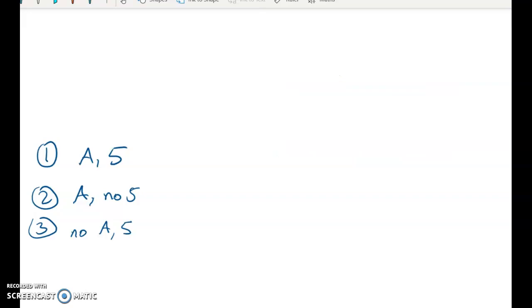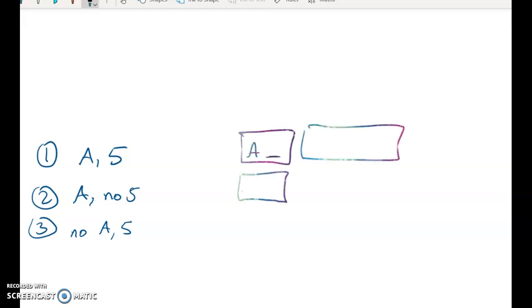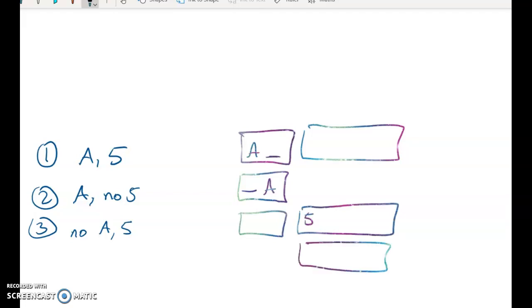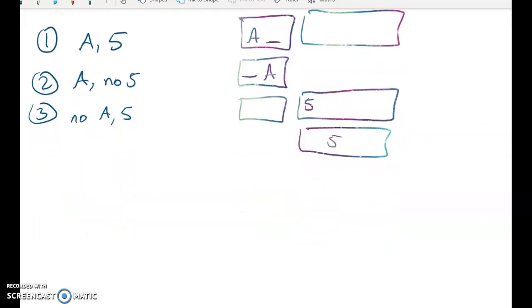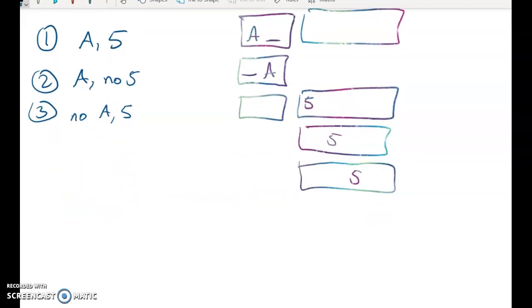It's only one tricky thing to think about here. If we've got an A and we've got a 5, we could have the A and then something, or we could have the something and then the A. And similarly with the second half, the 5 could be going as the first number, or as the second number, or as the third number, or as the fourth number.